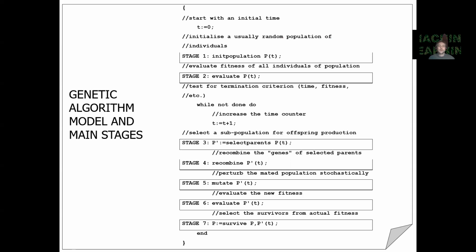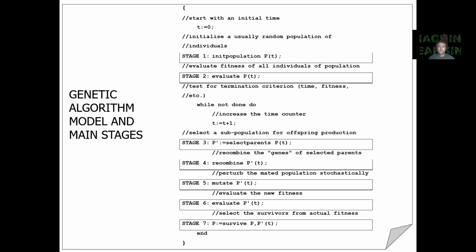So we start with an initial population, and we evaluate the fitness of the members of the population. This evaluation helps us to identify through selection the best individuals to form a subpopulation or intermediate population, which will be used for reproduction.